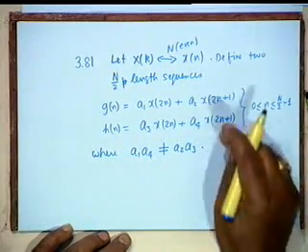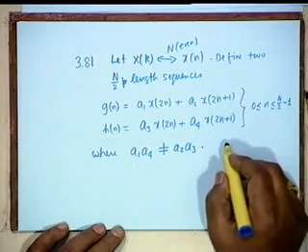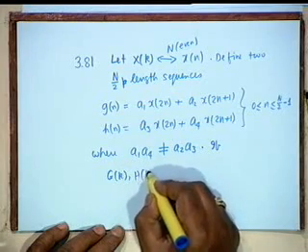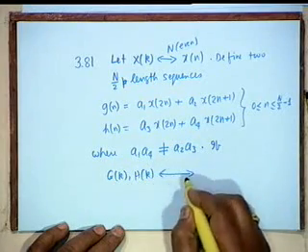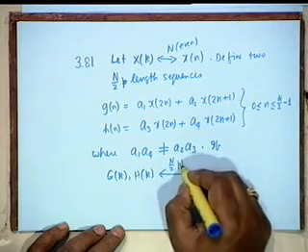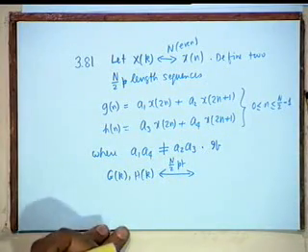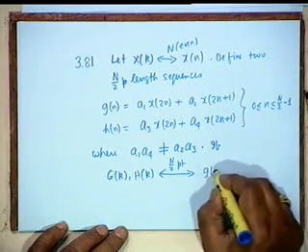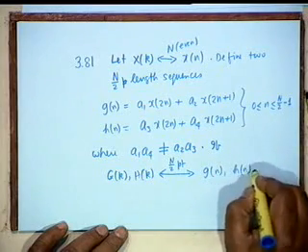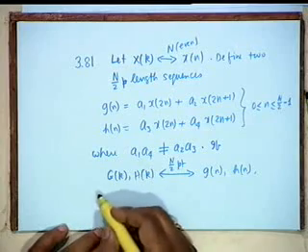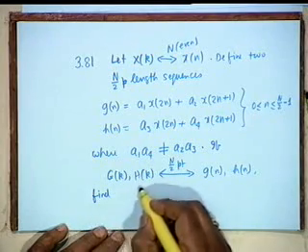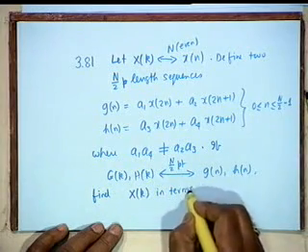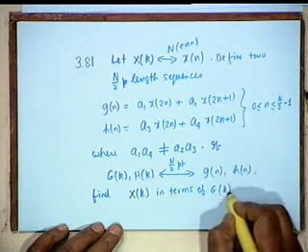So if you have understood this, then you understand the next part also. If G of k and H of k are the N by 2 point DFTs of g of n and h of n, find X of k in terms of G of k and H of k.